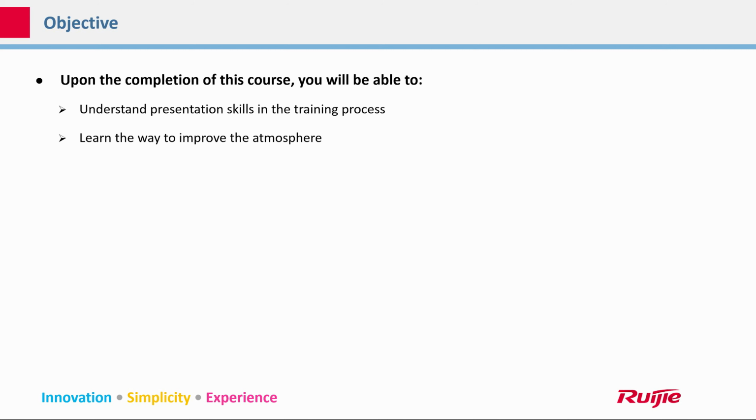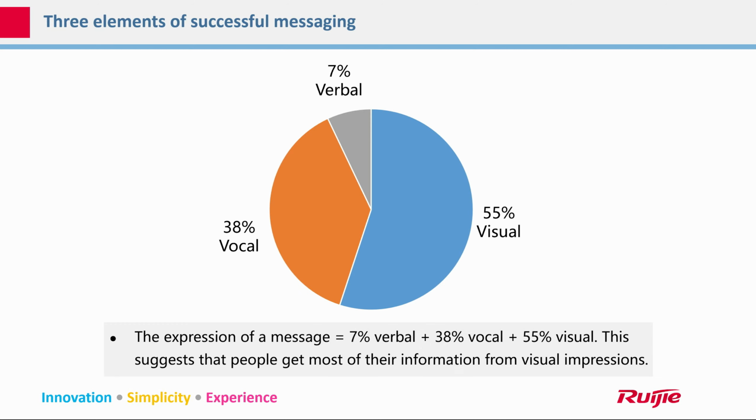So what are the presentation skills? Let's see the figure first. In this figure, you can see that the expression of a message consists of 7% verbal, 38% vocal, and 55% visual.